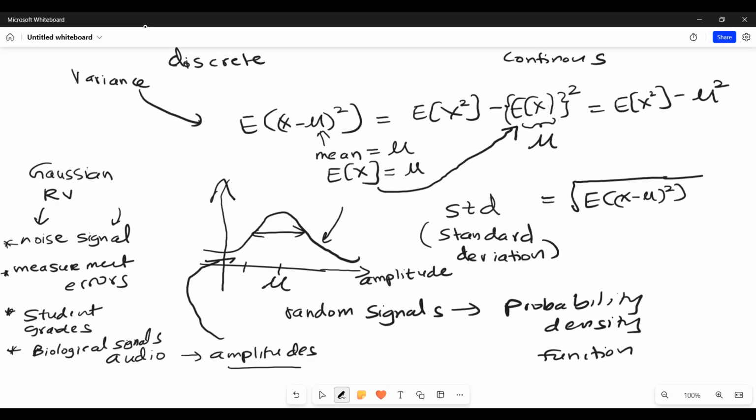Likewise for student grades and biological signals, we need the probability density functions to define these signals, and we use that to define the probability of the signals under the random variable we are considering. I will discuss those in a later instance.